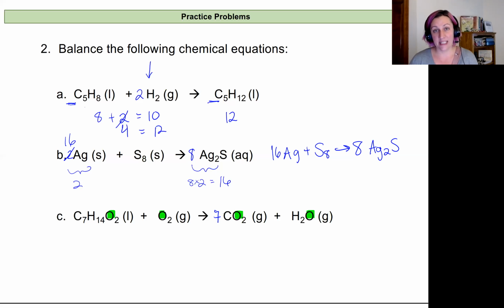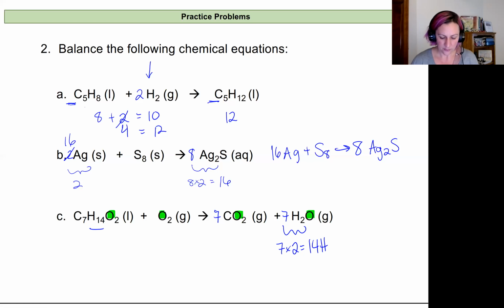Now I've got 14 hydrogen on my reactant side and only 2 on my product side. So again, a coefficient of 7 will make 7 times 2 or 14 hydrogen on my product side to match the 14 hydrogen on my reactant side. All right. So that was pretty straightforward. Now let's figure out this oxygen piece.